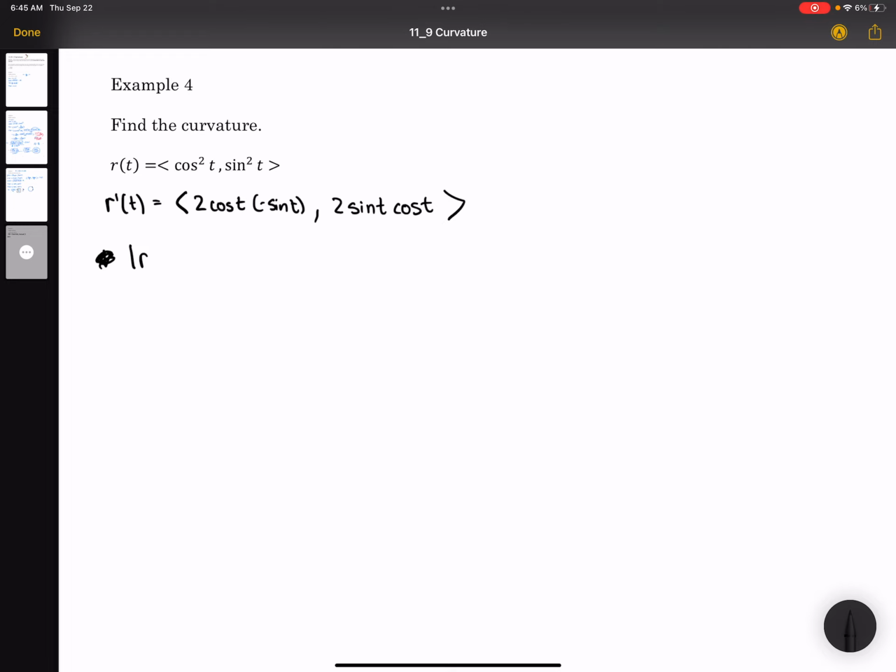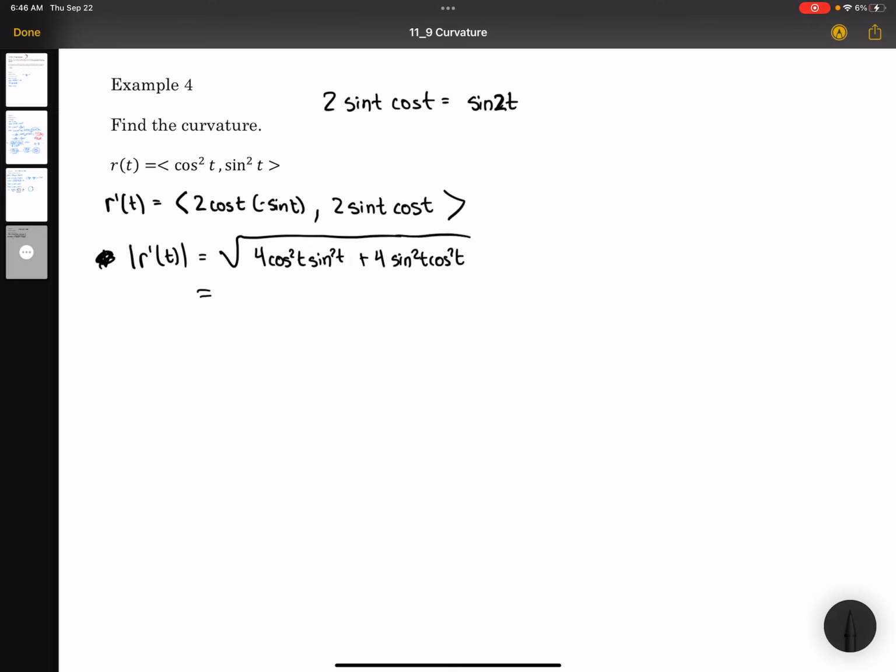Just so we're clear, this is negative 2 sine t cosine t, and 2 sine t cosine t is equal to sine 2 theta. That identity might come in handy in a moment. We'll see. So the magnitude of r prime of t is the square root of 4 cosine squared t sine squared t plus 4 sine squared t cosine squared t.